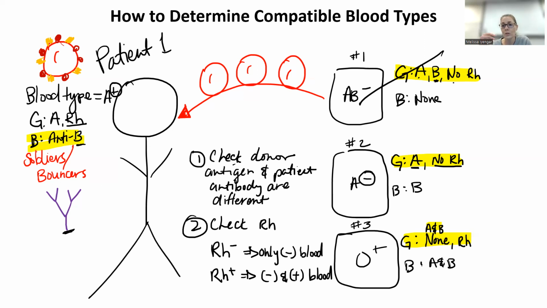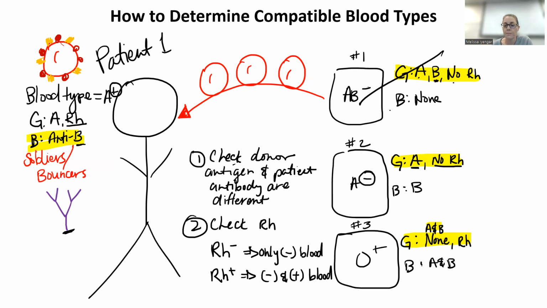Technically, you can do this in reverse, and it will make it a lot easier by just saying, well, my patient is RH positive, so I can have any negative or positive blood. So actually all of those, this negative and this positive, they're all compatible. If you have an RH negative person over here, you just start crossing out all the positive blood types, and then it kind of helps you eliminate, okay?